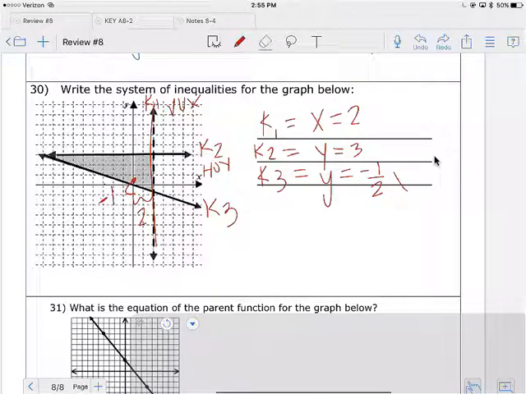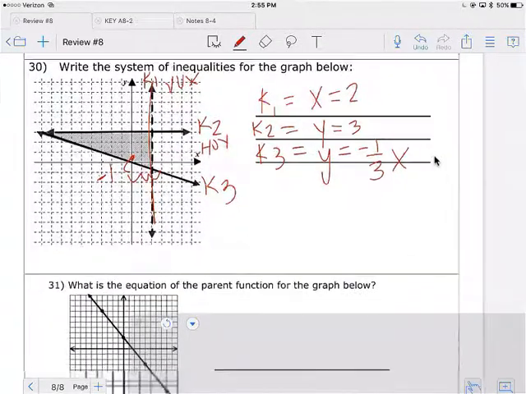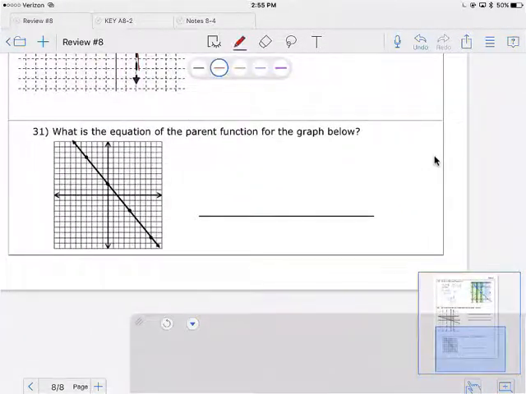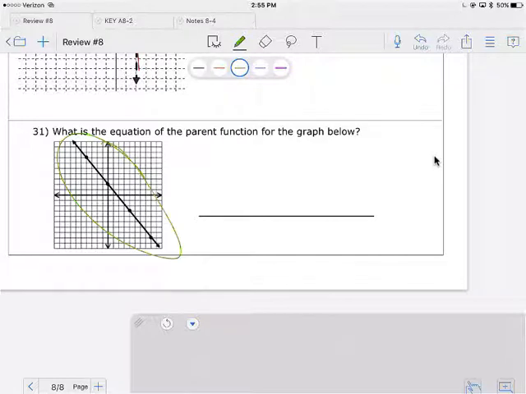Sorry, it goes 3. I apologize. 1, 2, 3. So negative 1/3 x. And then the last one, the parent function of this graph, this is a line, so our basic parent function is y equals x because that is the basic equation of a line.